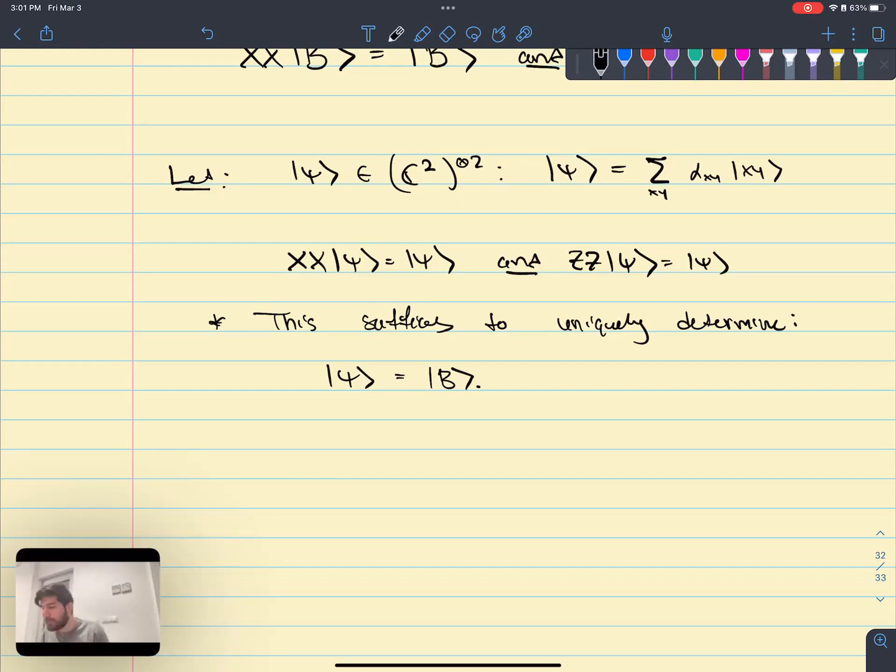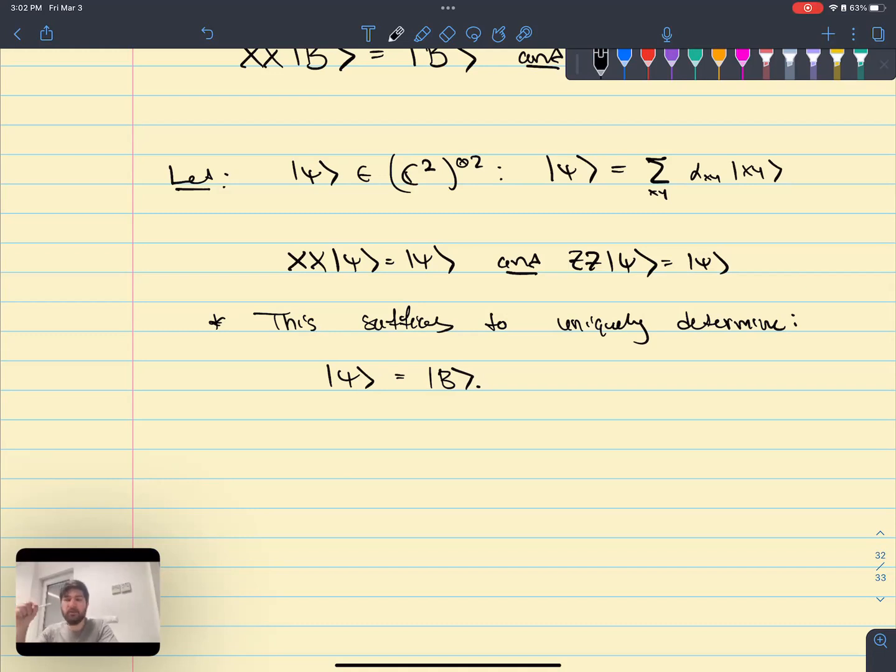In fact, that's a general trend: to find the stabilizer state for any n qubits, you only require n independent Pauli operators. I'll get to what I mean by independent, but the idea is that you can specify it using a linear number, so it scales linearly with the number of qubits.